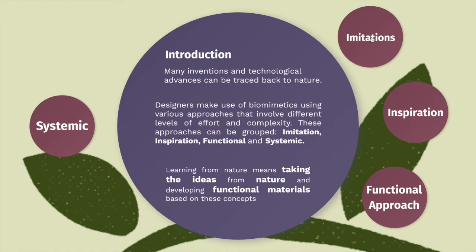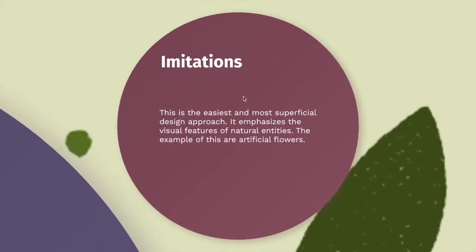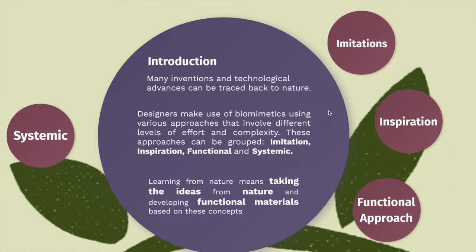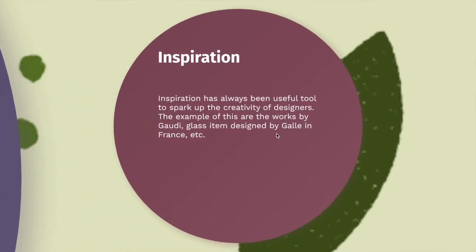First, imitation. This is the easy design approach. We don't really think about the functions. We just make it similar in physical form. I think that's easy. And then the next is inspiration.